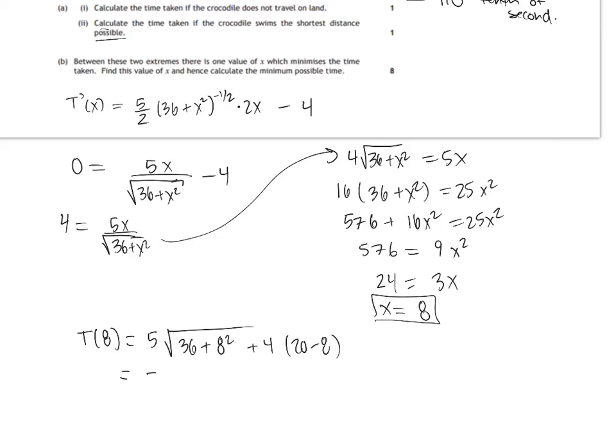So that's 50 plus 4 times 12, what, 48? Correct me if I'm wrong, but isn't any perfect square plus a perfect square also a perfect square? No. 1 plus 4. 1, 9. Yeah. Okay, no. So 98 tenths of a second.